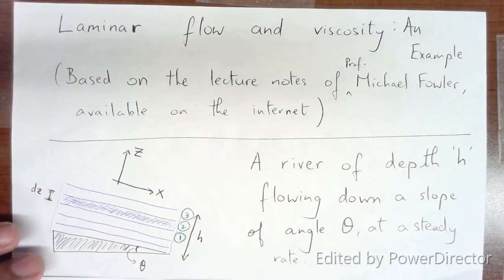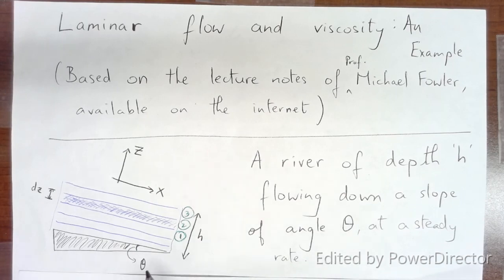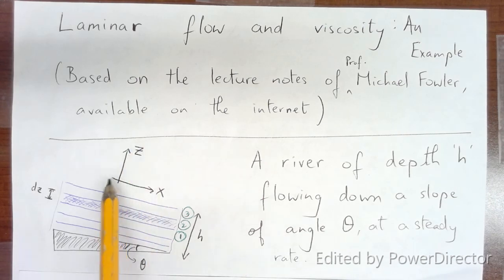So let us consider a river of depth h flowing down a slope of angle theta at a steady rate, right? So it's not accelerating. What we're going to do is set up our coordinate axes, perpendicular and parallel to the surface.